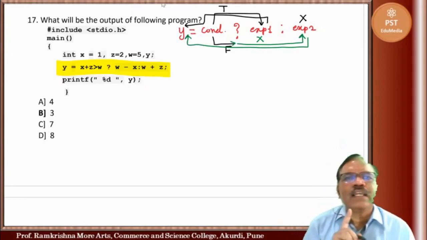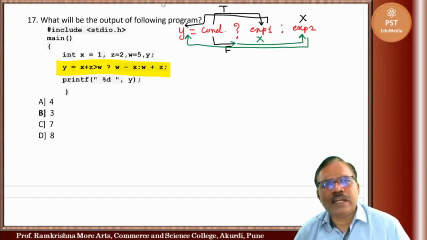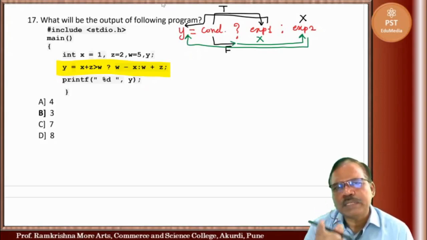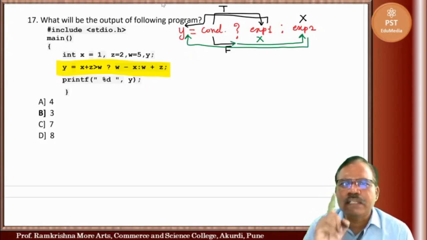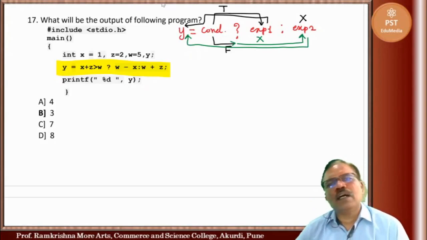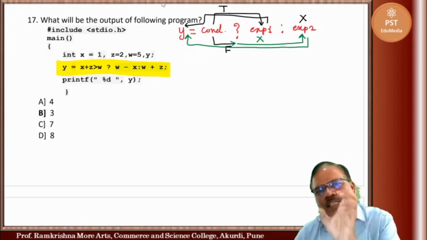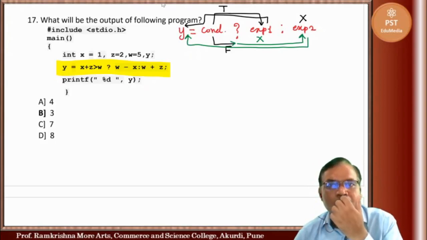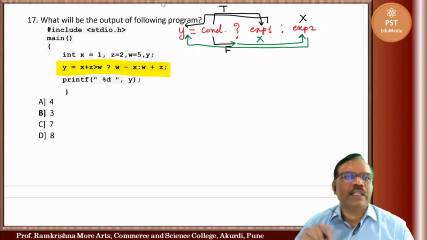So in this way the conditional operator works. When condition is true, expression 1 is evaluated, expression 2 is ignored, and the result is expression 1. If condition is false, expression 1 is ignored, expression 2 is evaluated.